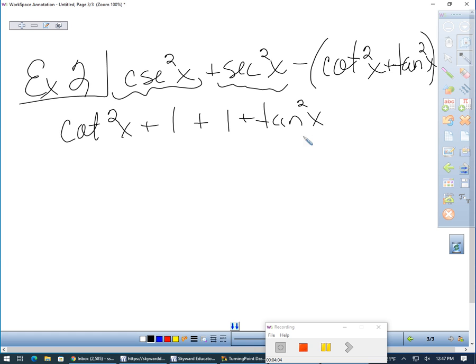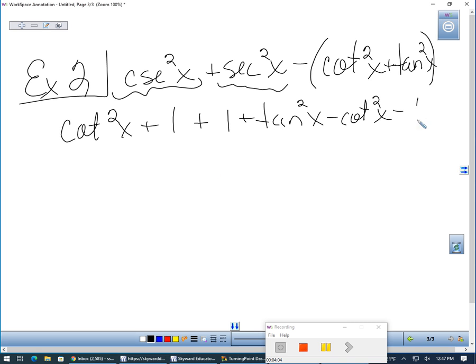All right, now if I have a negative in front of a parenthesis, what do you think I have to do there? Distribute. So I'm going to have negative cotangent squared x minus tangent squared x. You'll notice our cotangents cancel.